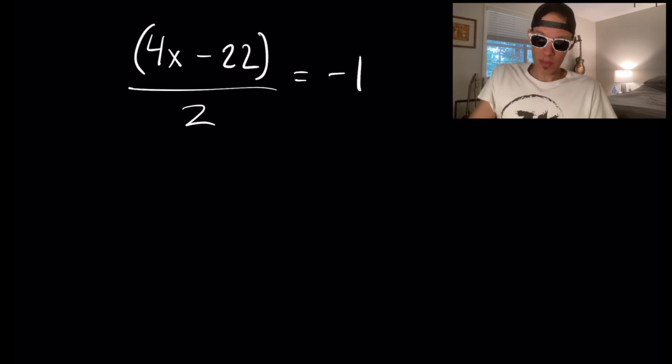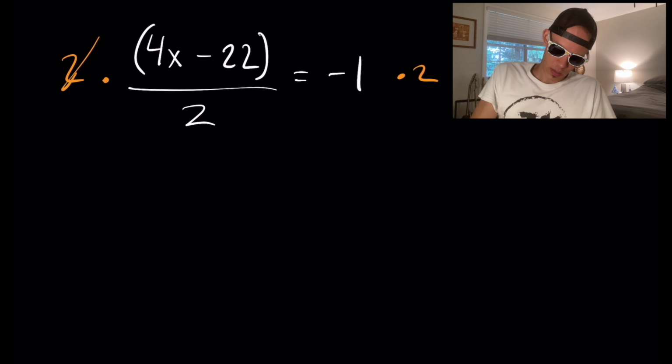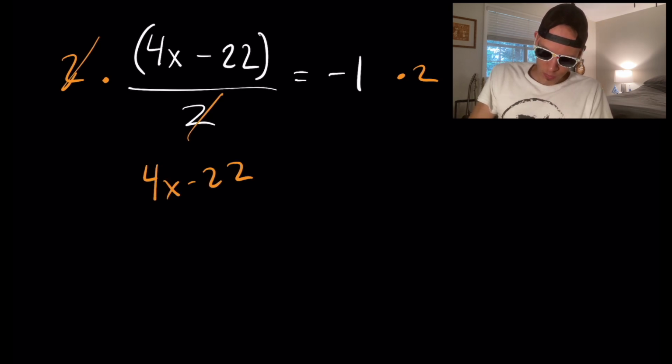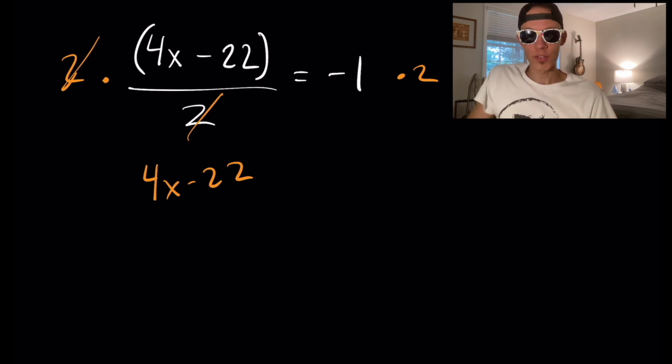So let me undo that by multiplying both sides by 2. Those will cancel out, and I'll be left with 4x minus 22. Remember, the parentheses go away because there's no other stuff going on outside of them once we cancel out that divide by 2. Equals negative 1 times 2 is negative 2.